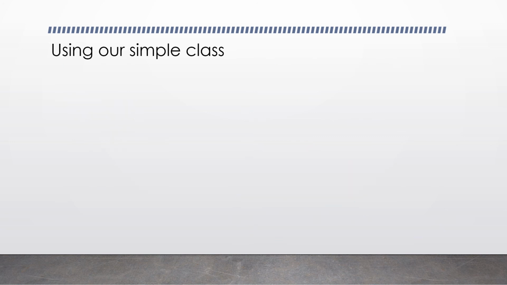Now, how do we use our simple class? Well, down in our program, we would create a Counter, and let's say I was grading tests with this, so I'd create Counter points. Okay, then just to make sure our points are set to 0, we can call points.reset.